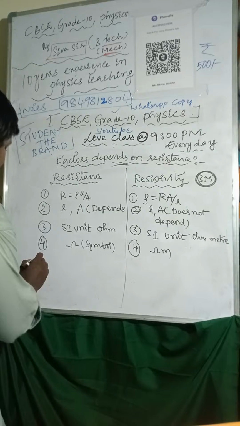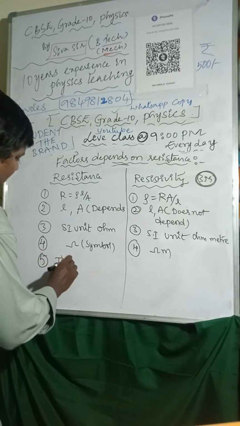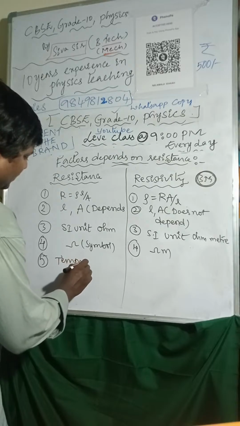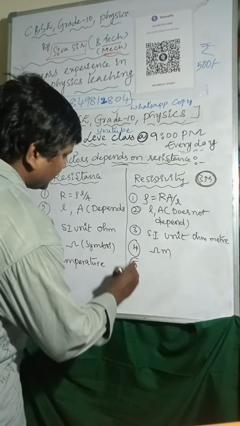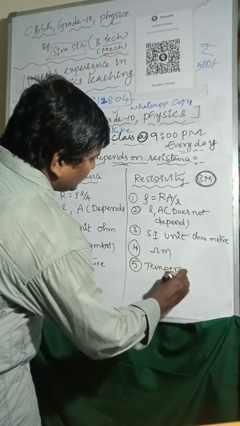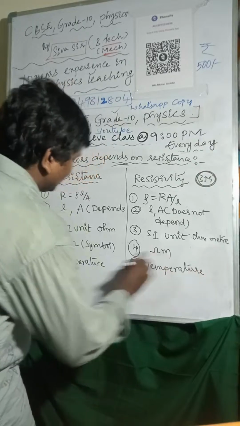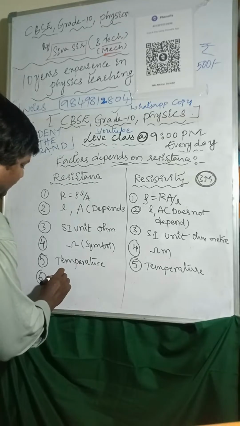Here, resistance depends on temperature. Resistivity also depends on temperature. And the sixth one: resistance depends on the nature of the material.